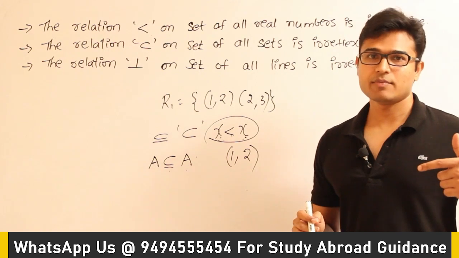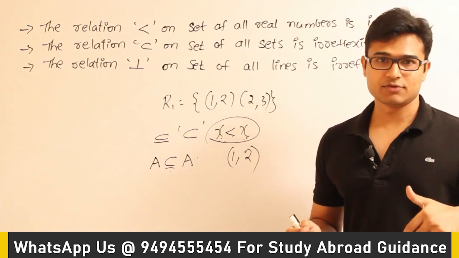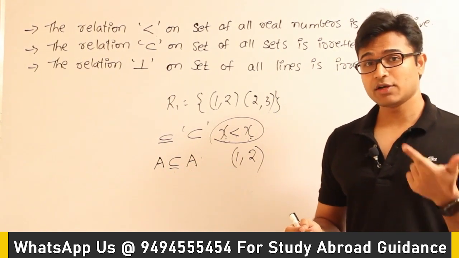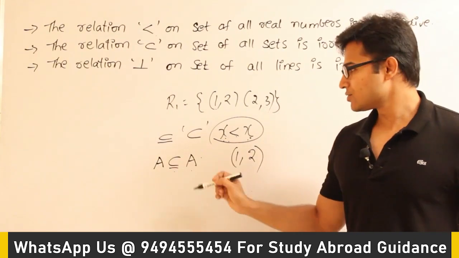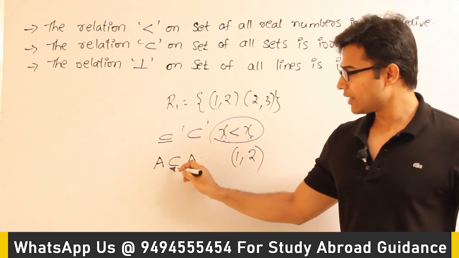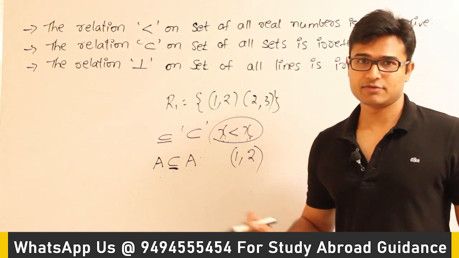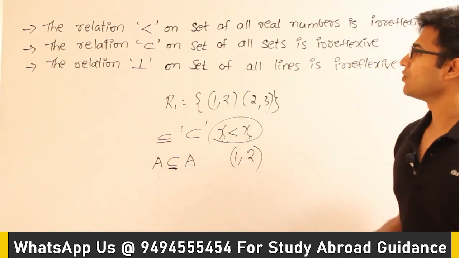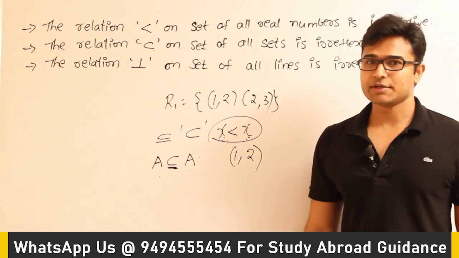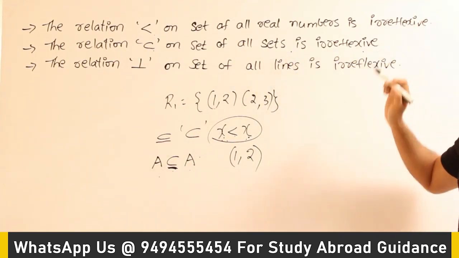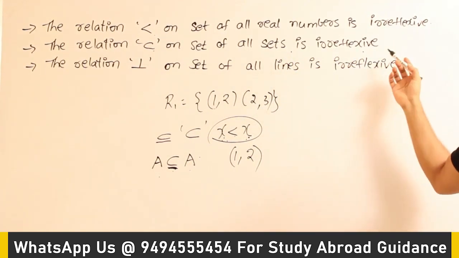A set cannot be a proper subset of itself. A set will be a subset of itself but not a proper subset. Got it? Without the equal symbol, we cannot say that a set is a subset of itself. Therefore definitely the relation proper subset on the set of all sets is irreflexive. So it is also true.